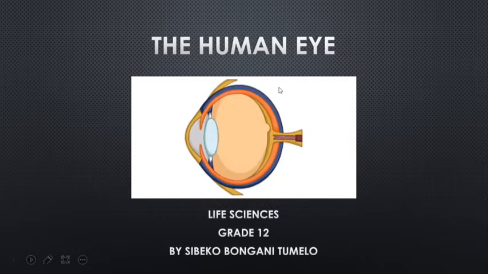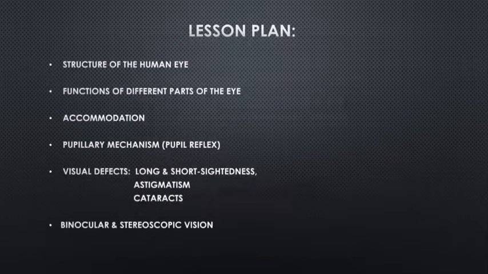Now, first of all, let's start by looking at our lesson plan, or what we're going to discuss. Today, we are going to discuss the structure of the human eye. We're going to look at how the eye looks, what the eye consists of, the parts of the eye and their different functions.